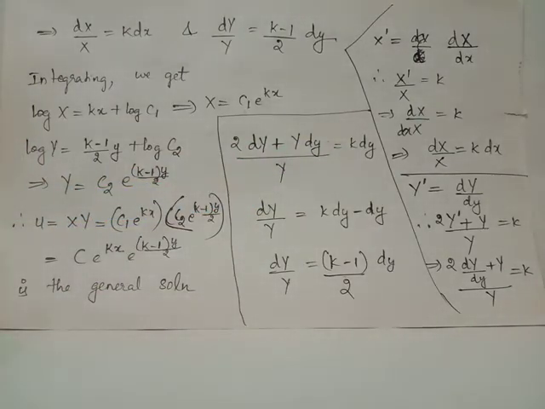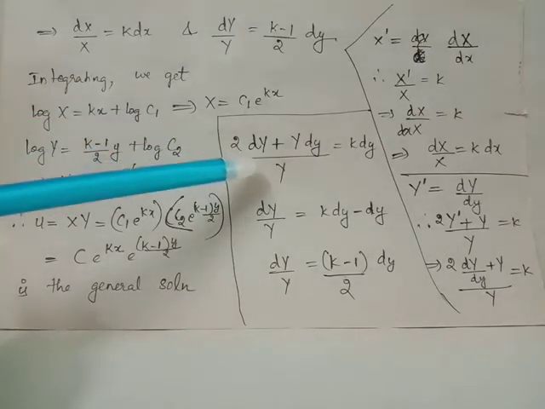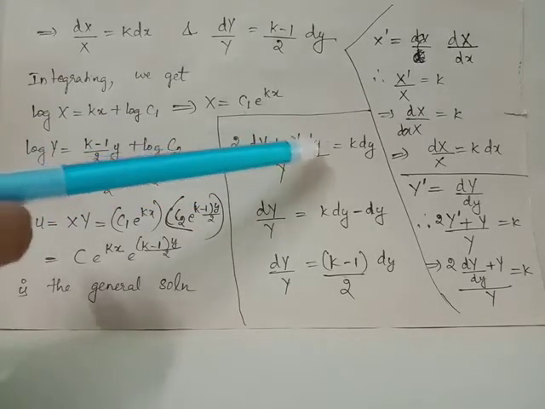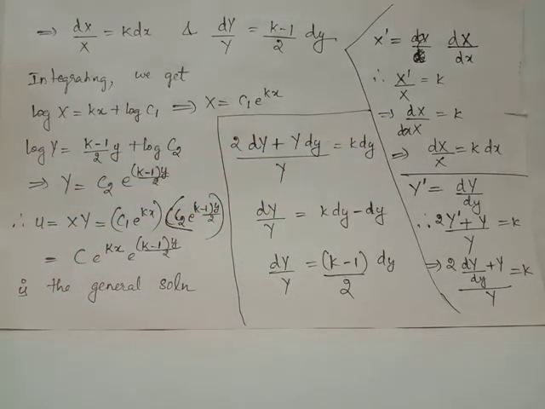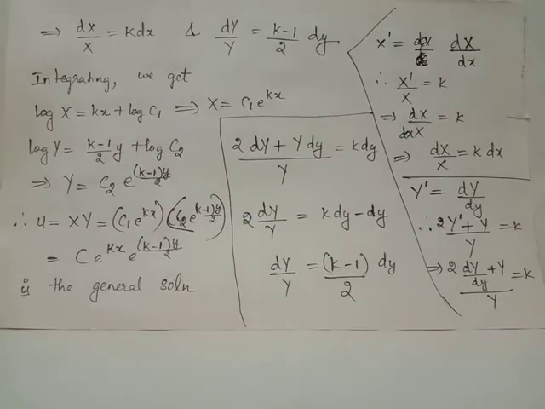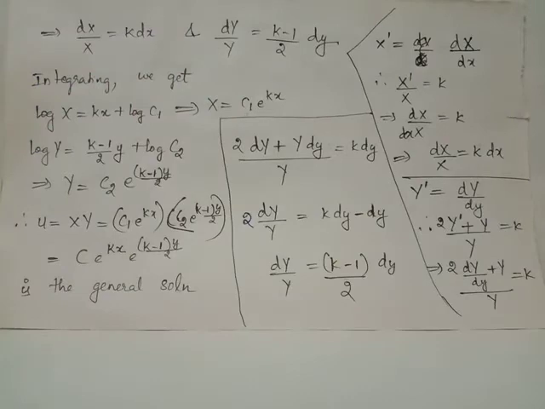This can also be written as 2 dY/Y + dy = k dy, because the Y and Y get cancelled in the second term. When the term containing dy is brought to the RHS, we have 2 dY/Y = dy (k − 1), or it can be written as dY/Y = ((k − 1)/2) dy. Thus we obtained two equations involving the constant k.